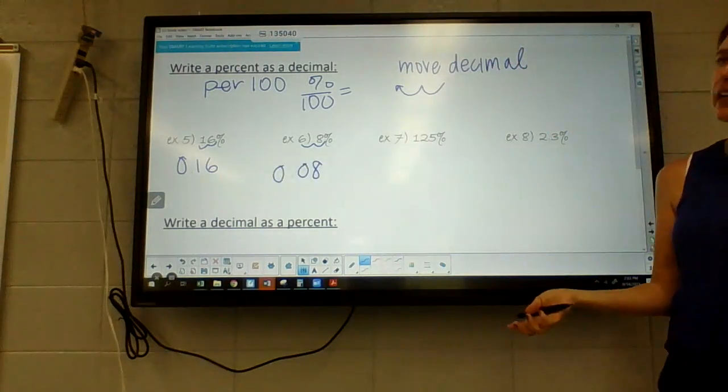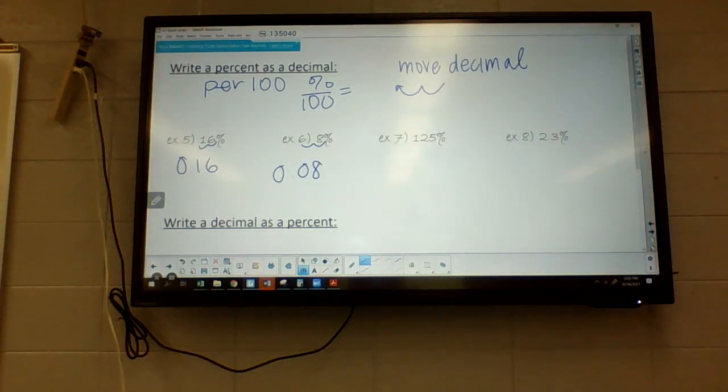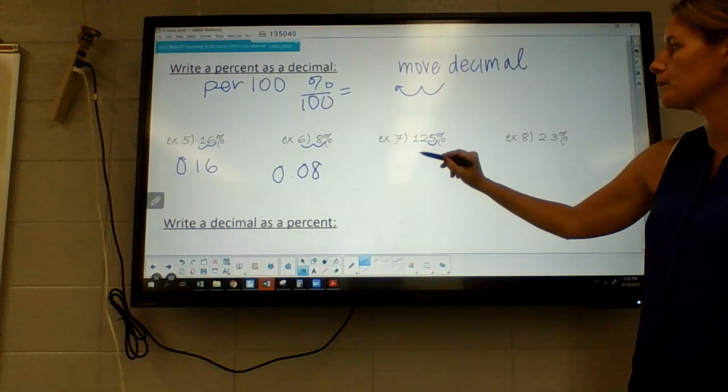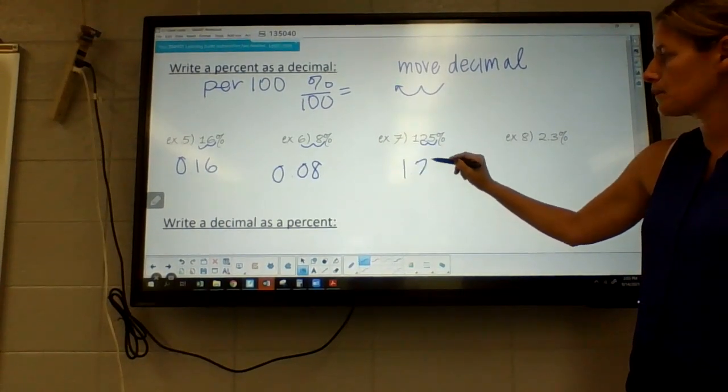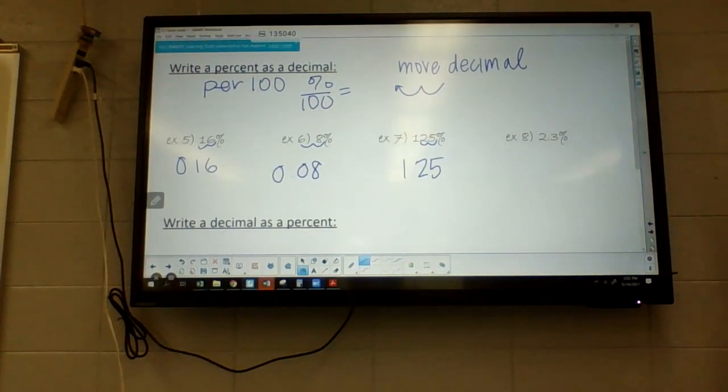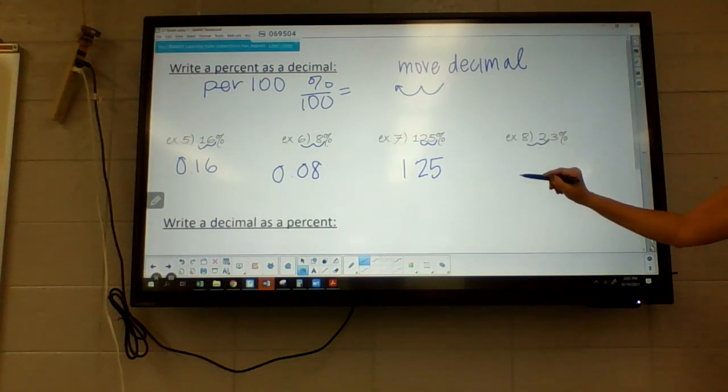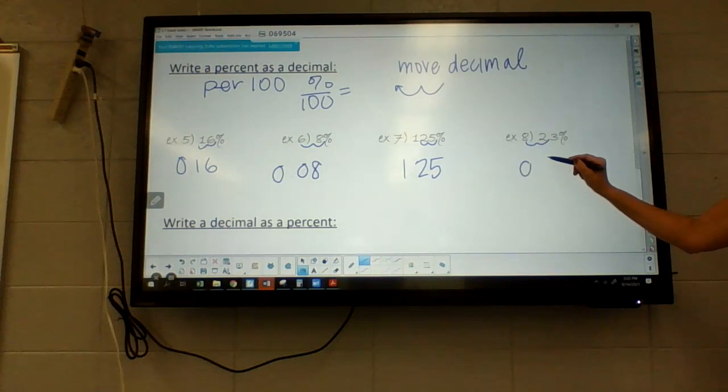If you have a calculator that doesn't have a percent on it, or you're working with a number as a percentage, it's actually easier to use the decimal version of it. That one ends up being 1.25, and then this one ends up being a very small number.